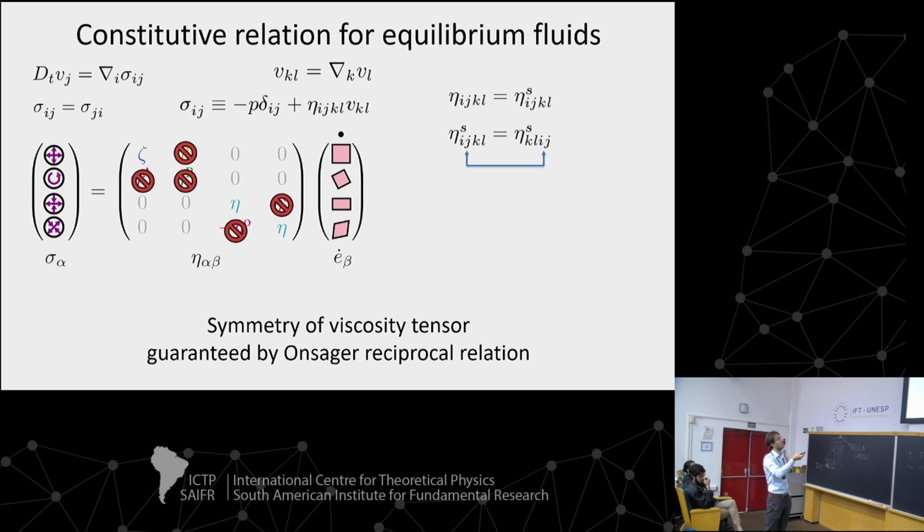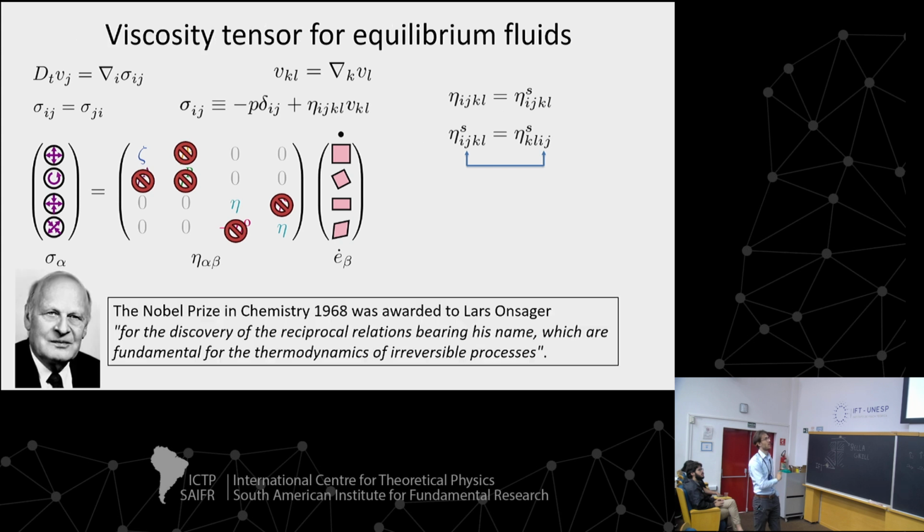In particular, the fact that it's symmetric, if you rewrite it in this four-index notation, means that you can switch the first two and the last two indices on this tensor and not change the component, right? Where does this symmetry come from? Well, it turns out to be an example of what's called an Onsager reciprocal relation that's guaranteed by equilibrium and in particular by time reversal symmetry, right?